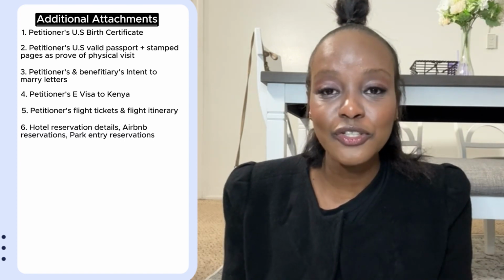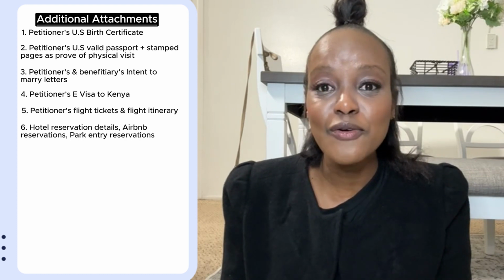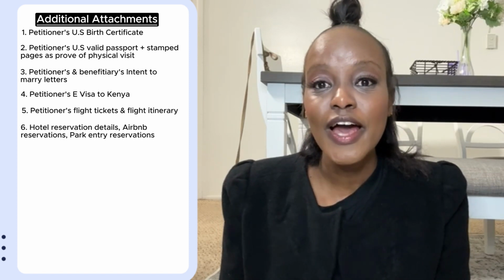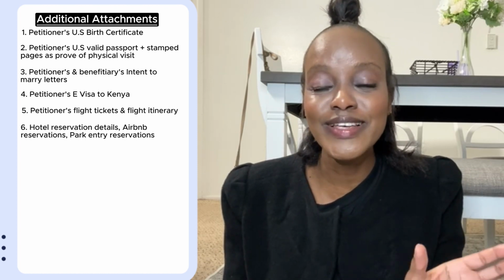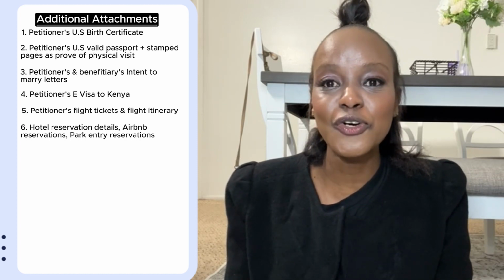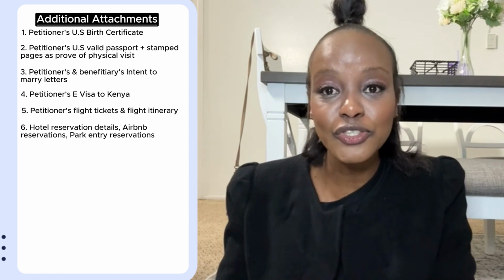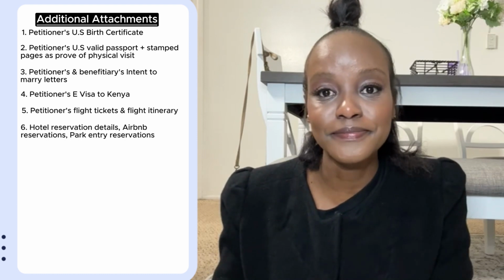Hotel reservation details. This included also the Airbnb. The good thing with Airbnb reservations was that he made reservations while he was here in the US, and so it clearly shows his name, that he made a reservation with this specific host in this particular location, and those locations were places in Kenya.